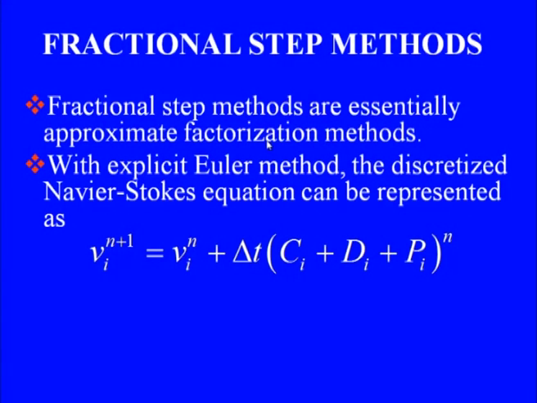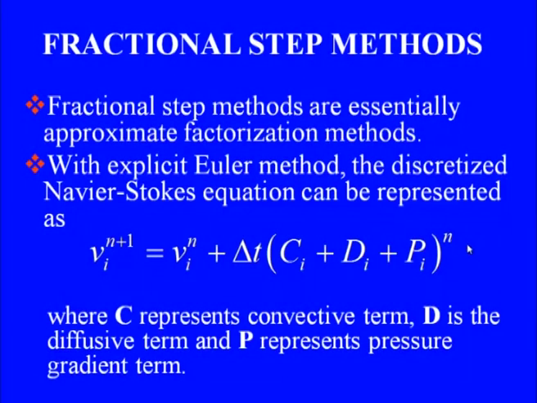This factorization is fairly similar to what we had seen earlier in the case of the ADI method. Say for instance, if we use the explicit Euler method to integrate our momentum equation, then the discretized momentum equation can be symbolically represented as Vi n plus 1 is equal to Vi n plus delta t times Ci plus Di plus Pi evaluated using the values at time level n.